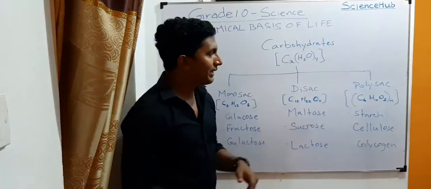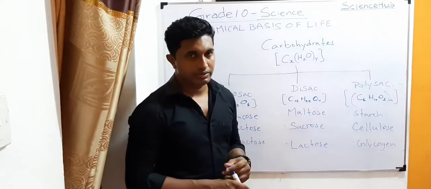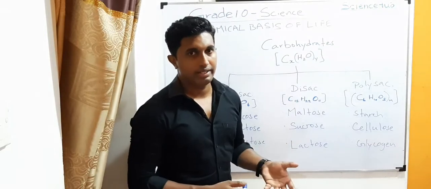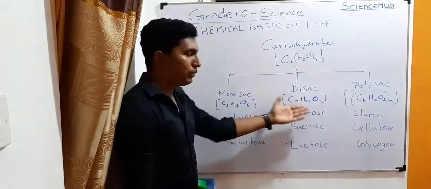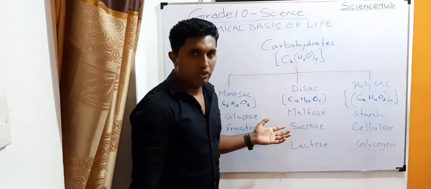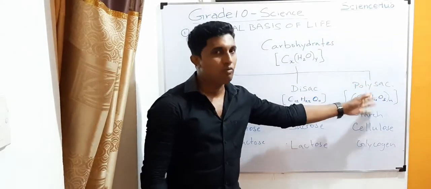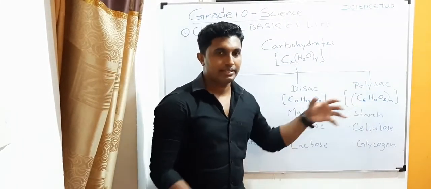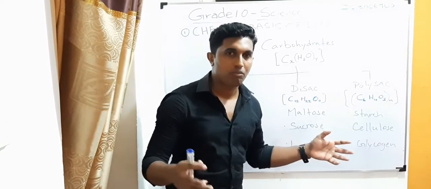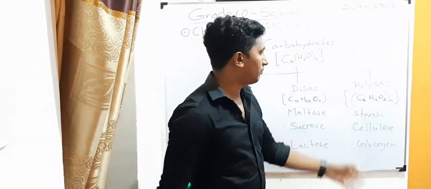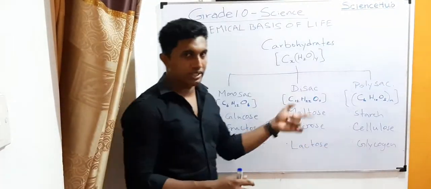But polysaccharides don't have a sweet taste, and they aren't soluble in water, but these two categories are soluble in water. Polysaccharides aren't soluble in water because they have a long chain of molecules. Poly means long chain, more than two monosaccharides.